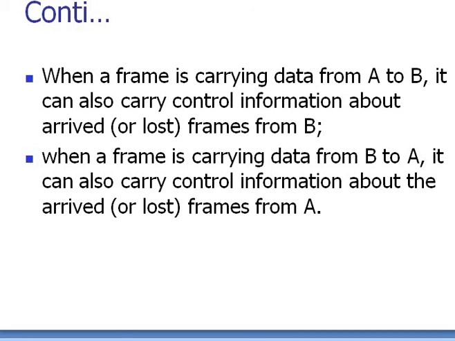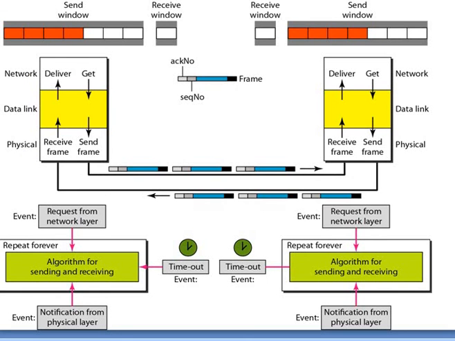When a frame is carrying data from A to B, it also carries control information about arrived or lost frames from B. When a frame is carried from B to A, it also carries control information, that is acknowledgement and not acknowledgement, about the arrival or loss of frames from A. In the diagram, the send window and receive window are maintained at the sender side as well as at the receiver side.